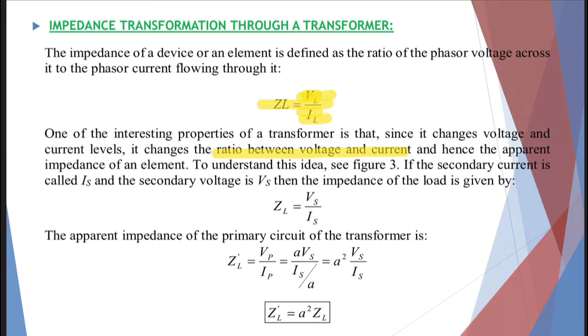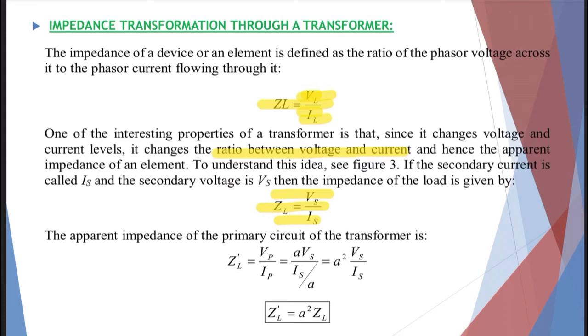To understand this idea, we'll see figure 3. If the secondary current is Is and the secondary voltage is Vs, then the impedance of the load is ZL equal to Vs over Is, the secondary quantities.